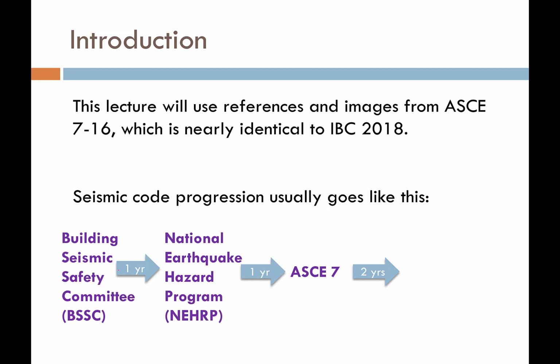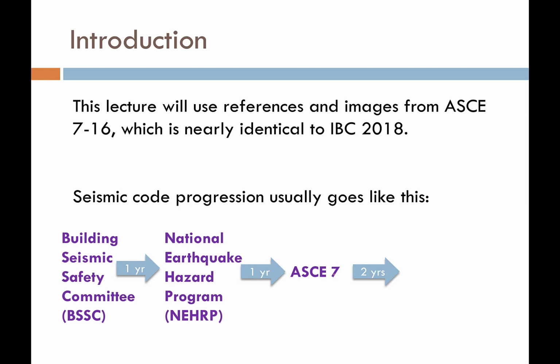So the BSSC, therefore, is in the process. They met last year in 2020, and NEHRP should be getting published this year in 2021, all in time for ASCE 7-22 to be published.